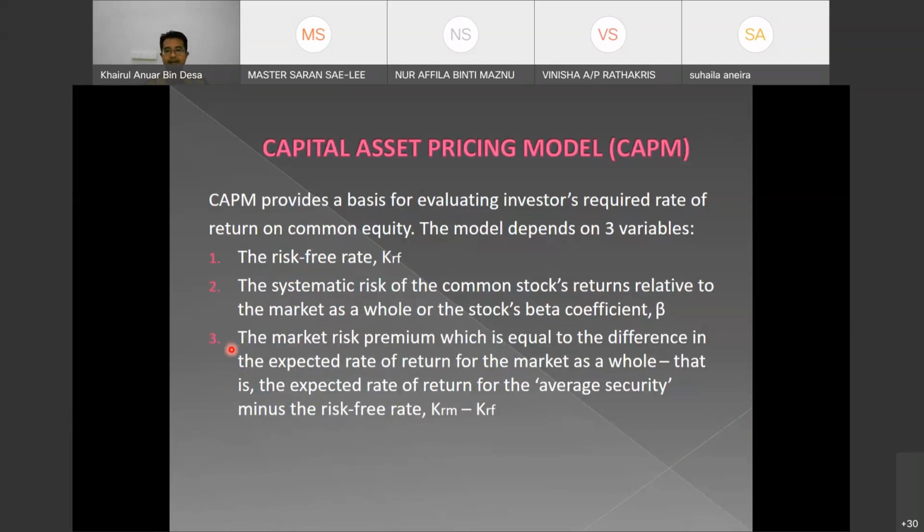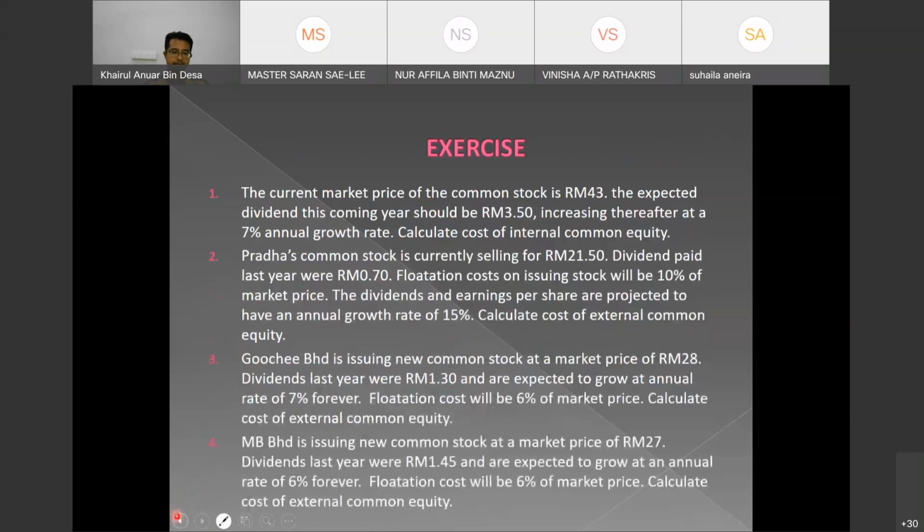Okay, sekejap, balik soalan tadi. Mana dia 27? This is the net price.